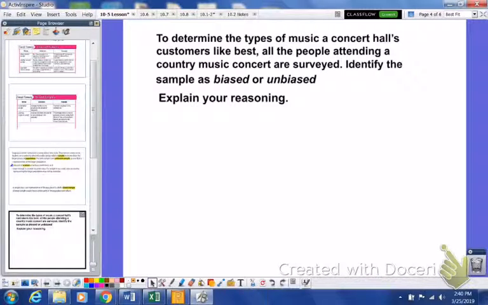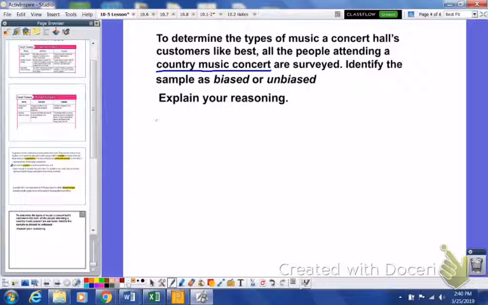So to determine the types of music a concert hall's customers like best, all the people attending a country music concert are surveyed. Identify the sample as biased or unbiased. So we want to decide, is it random and does it represent the entire population? Well, you'll notice they're sampling people at a country music concert.